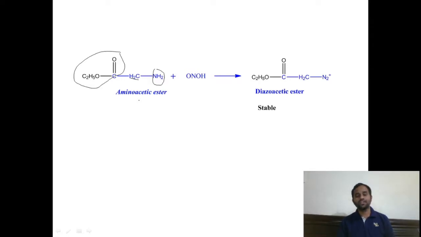So if aliphatic primary amines are connected to withdrawing groups, then those compounds will form stable diazonium salts. You can see here on the right side, this is the stable diazonium. Therefore, these aliphatic amines will undergo diazotization upon treating with nitrous acid, similar to aromatic amines.